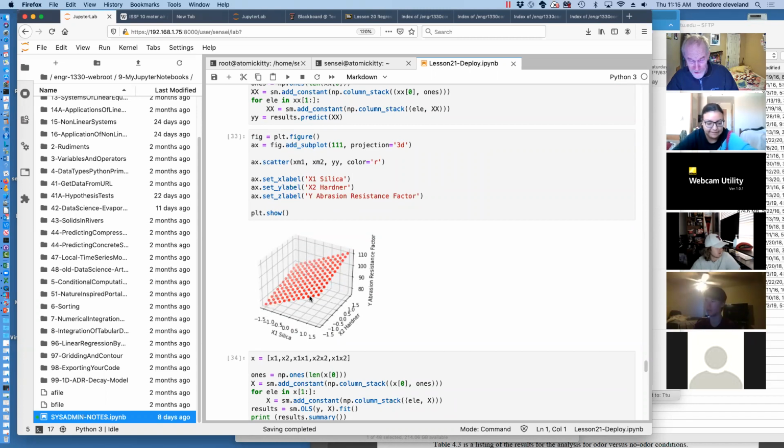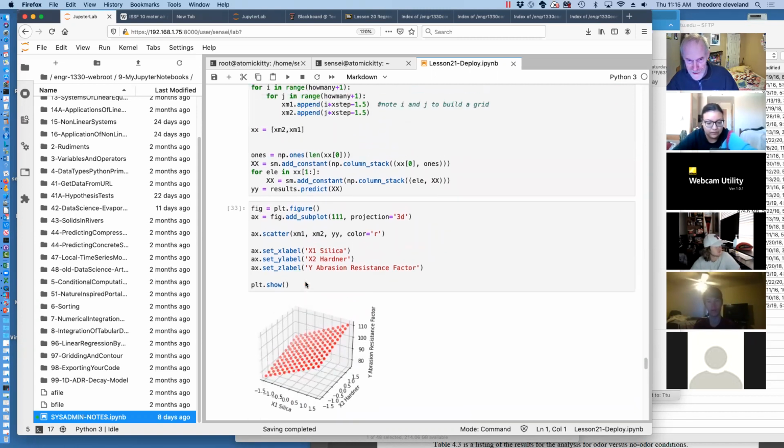So those red dots are just the plane that's represented by the model. If we decide that our equation number 2 is our best model, that plane defines where all the predictions are going to be based on any combination of x1 and x2. It predicts the abrasion resistance factor.